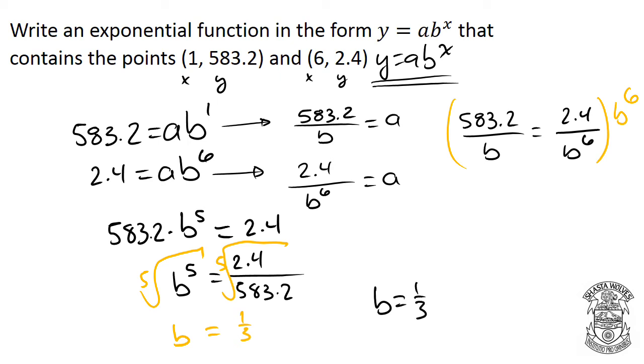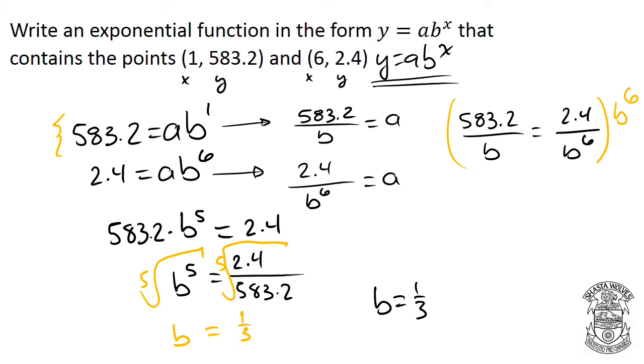Now, I'm almost done, except I don't know the value of a, do I? Or do I? I don't know what a is, but I'm pretty close to getting it, because I can see that when x was 1, it produced 583.2.